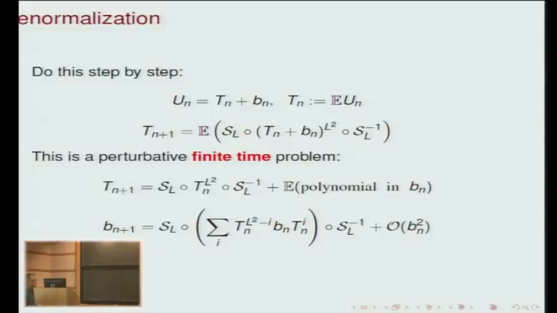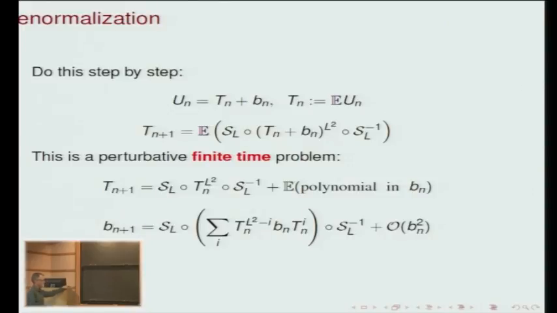And of course, to control this, I should know something about the noise here. This single scale step is something which you can perturbatively try to study if you have succeeded in showing that this is a small perturbation. So the new guy should be just the diffusive rescaling of the old guy and expected value of some correlation functions of the noise. And the new noise would be some linear transformation applied to the old noise plus hopefully something small.